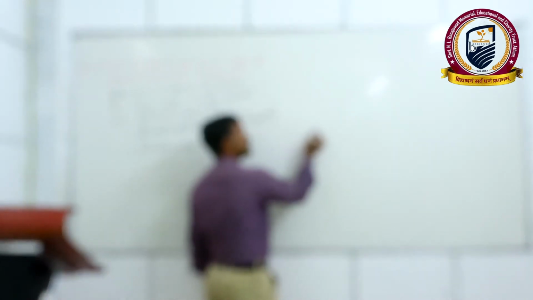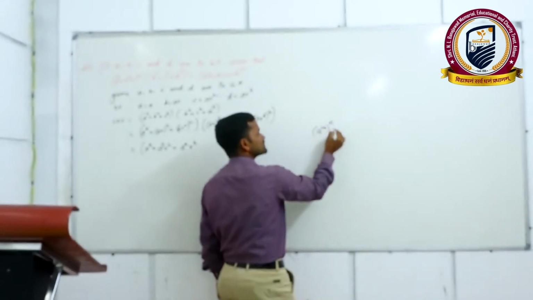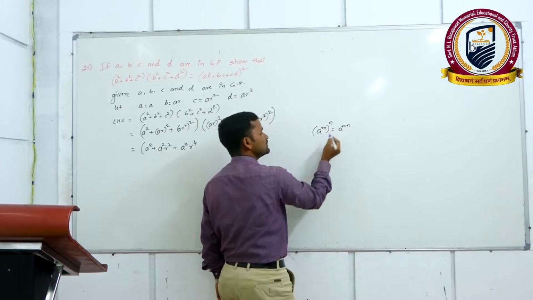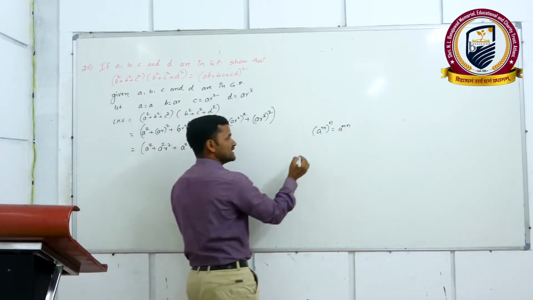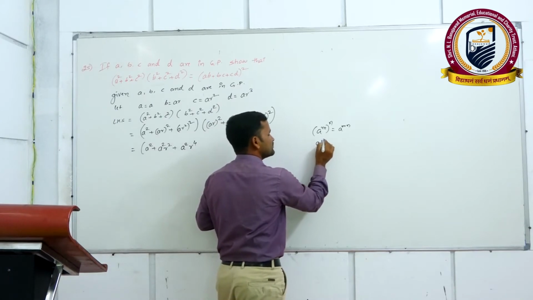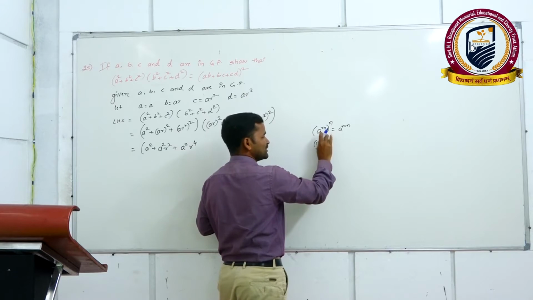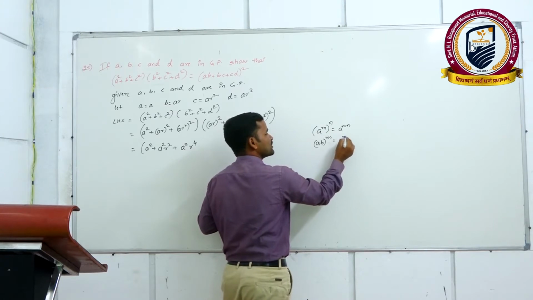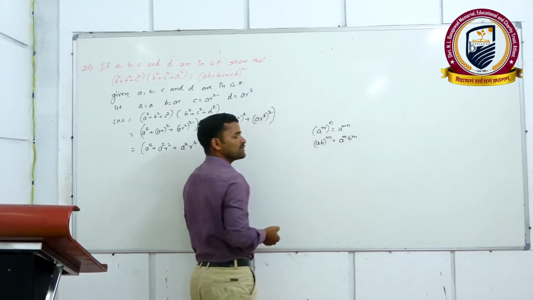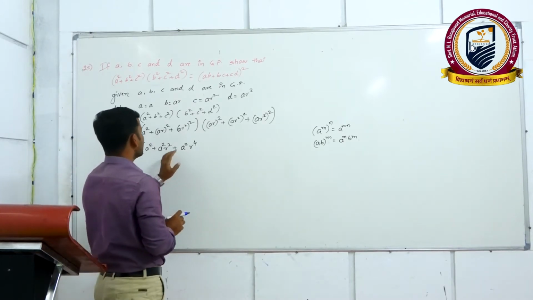Here I am using the laws of indices: A raised to M whole raised to N is equal to A raised to M into N. And A into R whole square is of the form A into B whole to the power M, which can be written as A to the power M into B to the power M. Those two laws of indices I am using here.